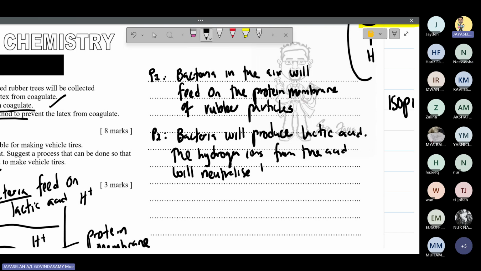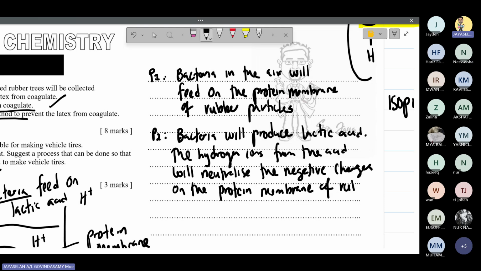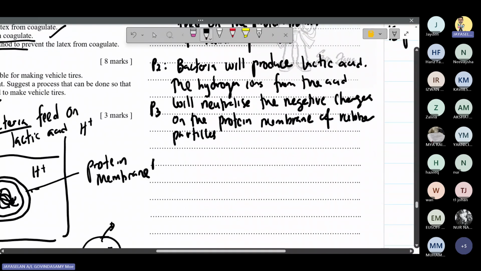Will neutralize the negative charges on the protein membrane of rubber particles. You already score your point 2, point 3. Any question? No, eh?